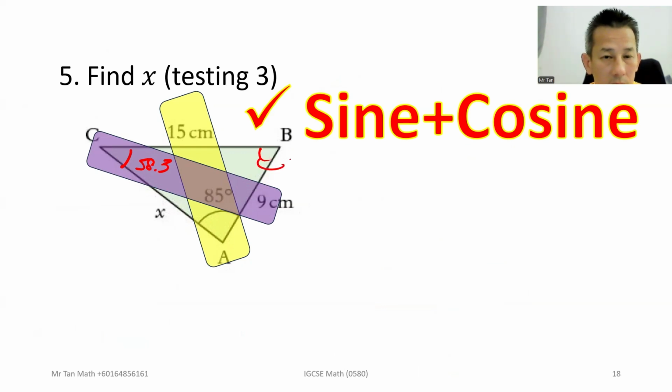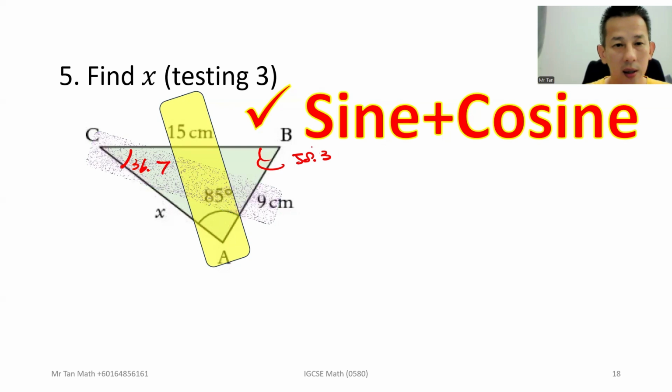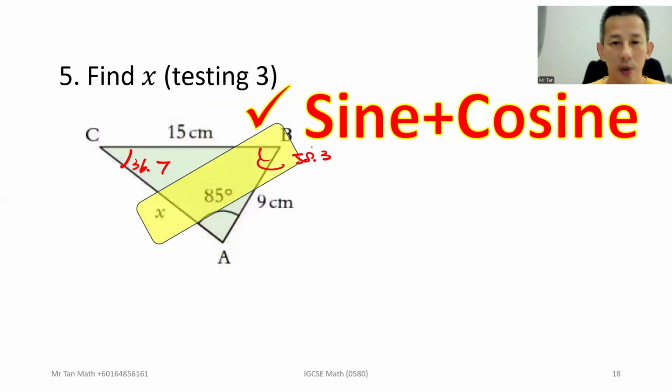And therefore this will be 58.3. So the first step is the same as just now. We use the sine rule, and then to find the angle B here, we just take 180 minus 85 minus 36.7.